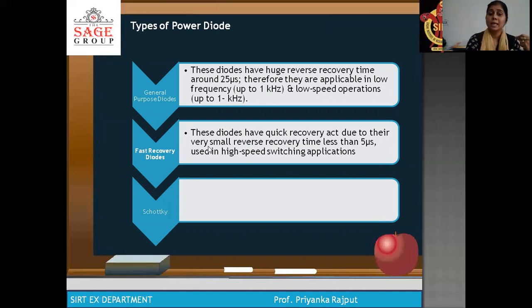As the name suggests, fast recovery means quick response. This diode recovers quickly due to its very small reverse recovery time, less than 5 microseconds, but general purpose diodes have a recovery time of around 25 microseconds. That is the difference between the general purpose diode and the fast recovery diode, and then there is the Schottky diode.